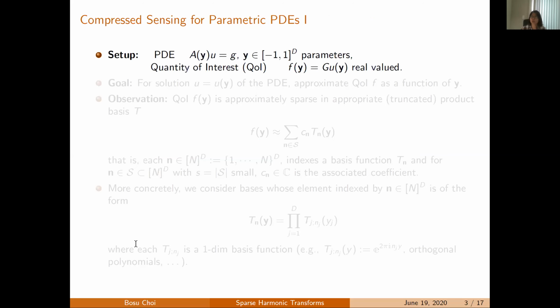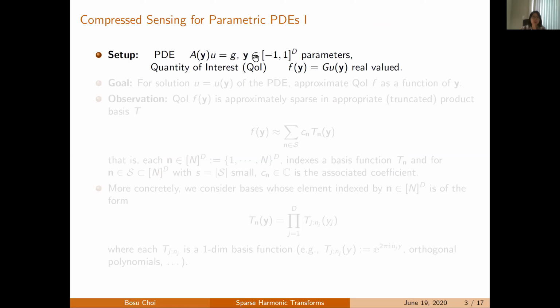The motivation of our work came from the application of compressive sensing to parametric PDE problems. Let's look at this parametric PDE. A is the partial differential operator depending on a bunch of parameters y. We have d many parameters.